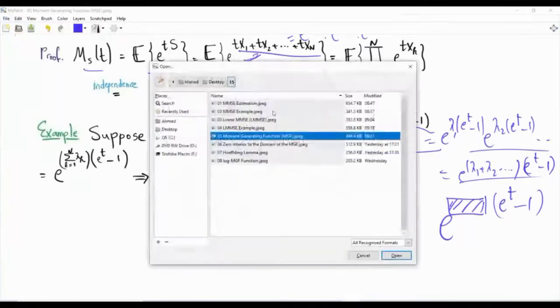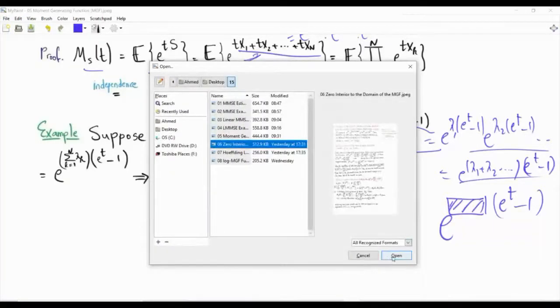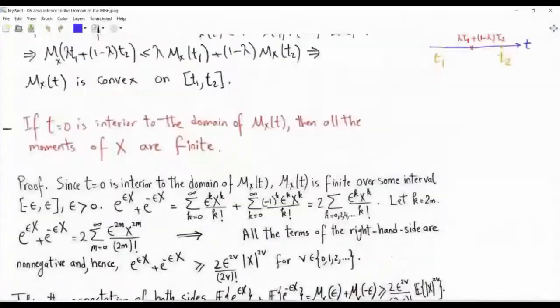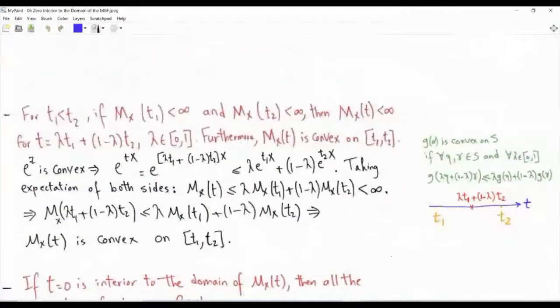Now let's go to the next case. On this slide, we'll talk about the sweet case for the moment generating function, but let's start with this. Suppose that the moment generating function is finite at t1 and finite at t2, with t1 less than t2.